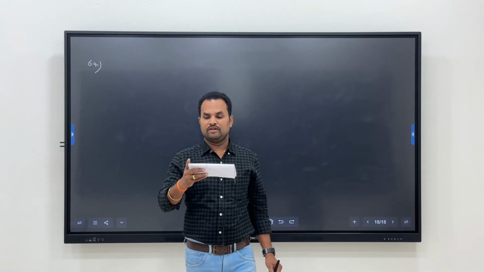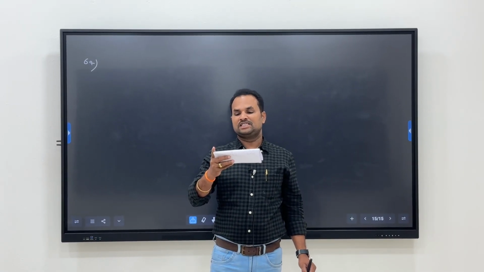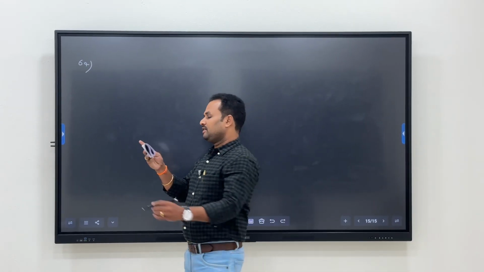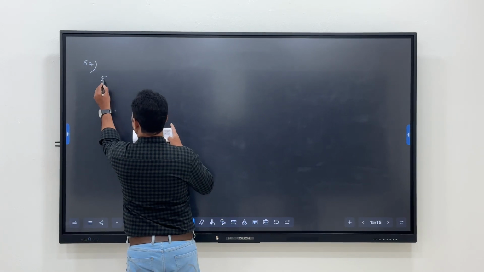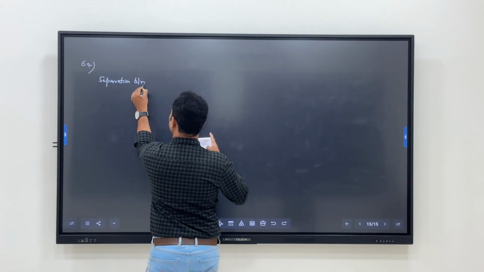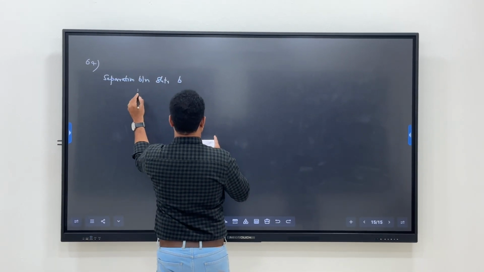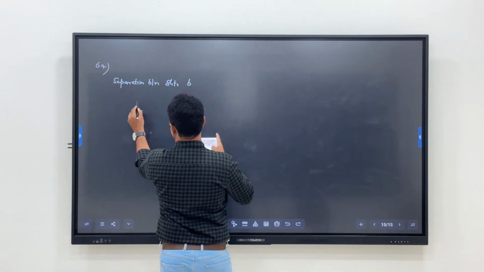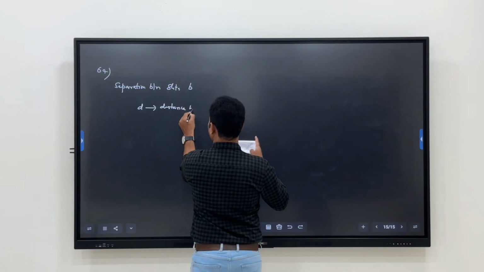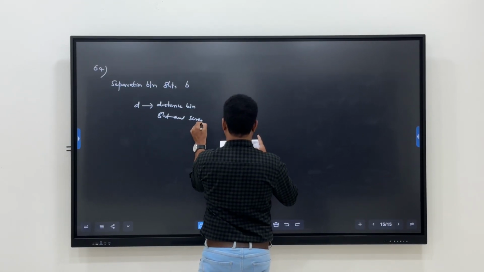Light is used to illuminate two slits in Young's double slit experiment. The separation between the slits is small b, and the distance between the slits and the screen is d.